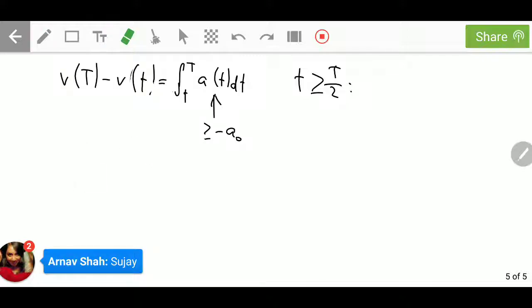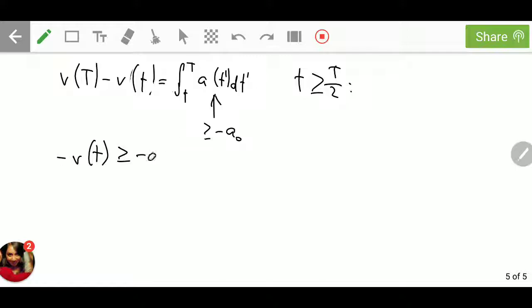Sorry about that. And we just call this like t prime or something. So what we get is that negative v of t is greater than or equal to negative a naught times capital T minus little t. So v of t is less than or equal to a naught times big T minus little t.